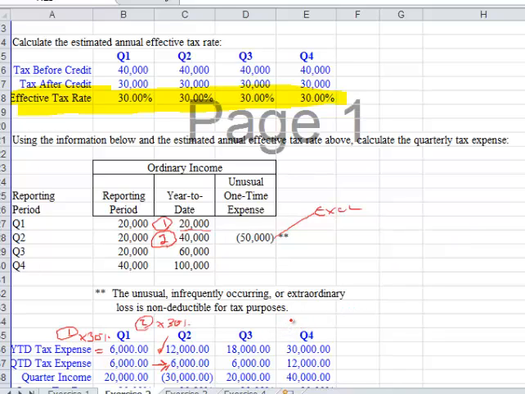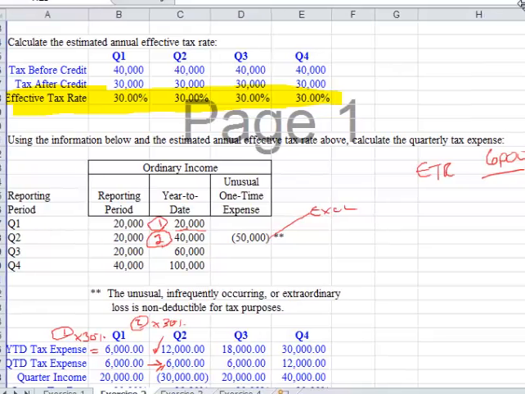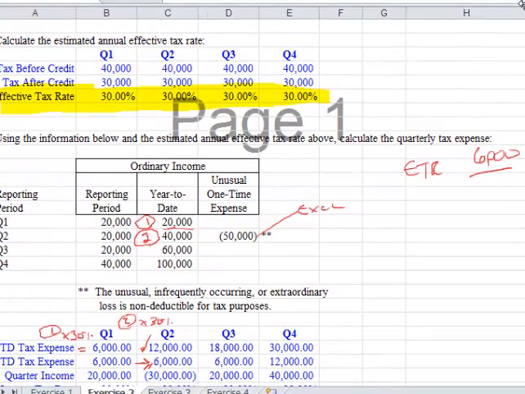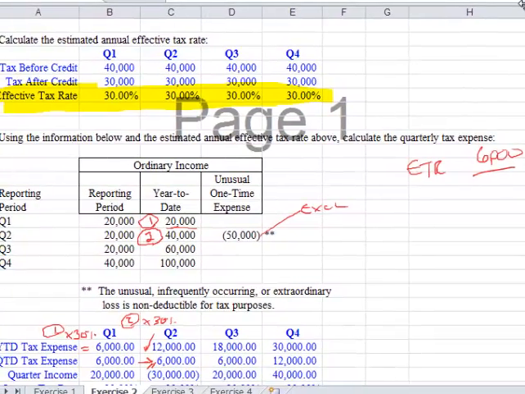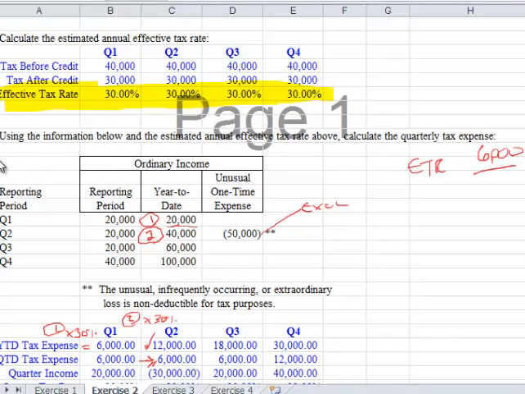But the CFO is going to see for the quarter, right? The CFO, when he looks at the ETR for the quarter on the Q, that person's going to see 6,000 in the numerator, but the denominator is confusing, right? The denominator is going to be a combination of items.